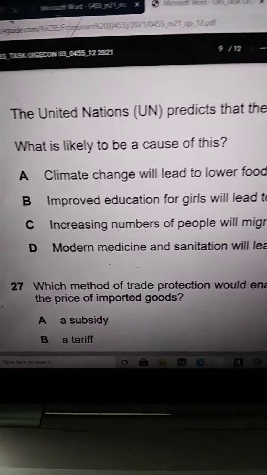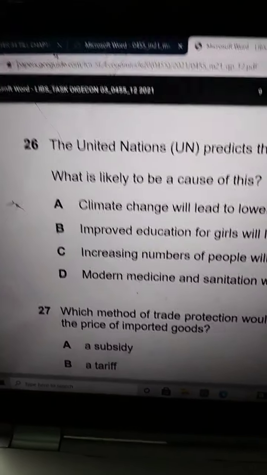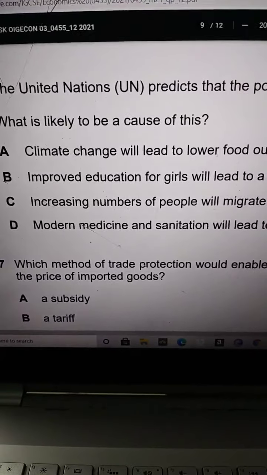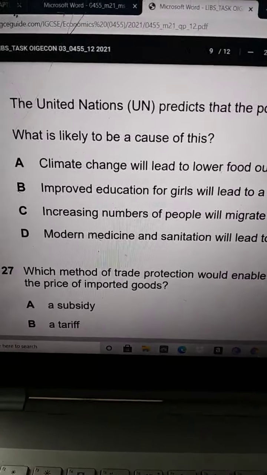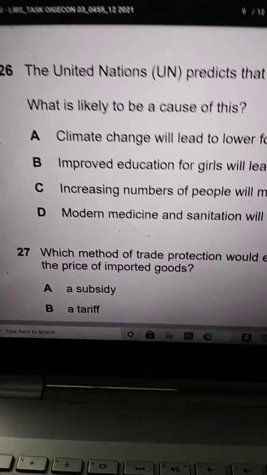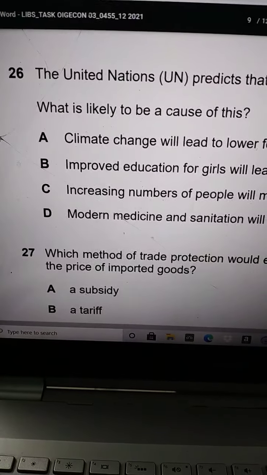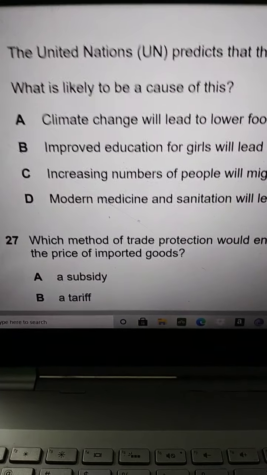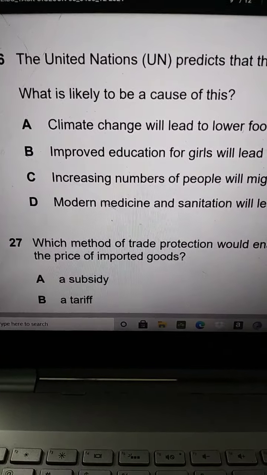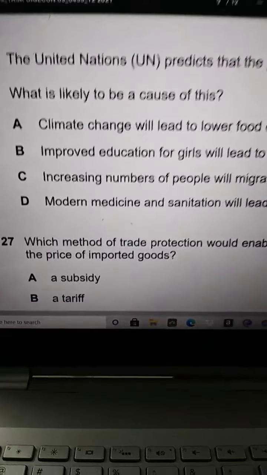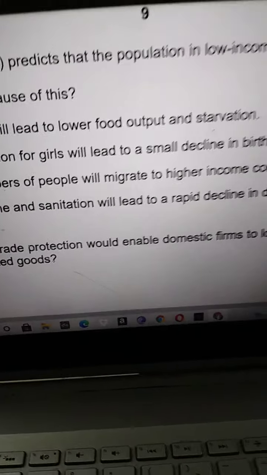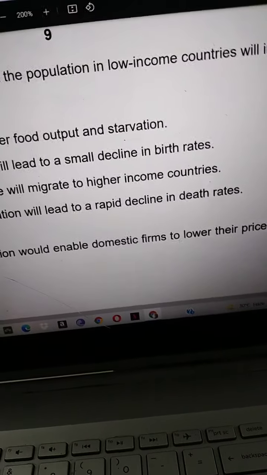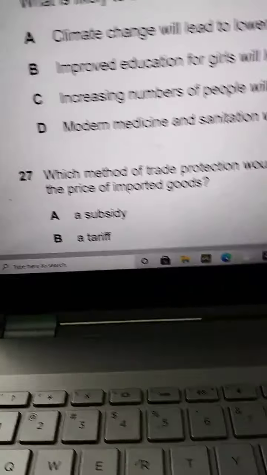If we see the global economy, we may say that people are getting poorer. No, it is not the case. All the countries in the world are improving, and especially globalization is making people more literate, and the modern medicine and sanitation will of course create a decline in the death rate that will increase population. D is the answer.